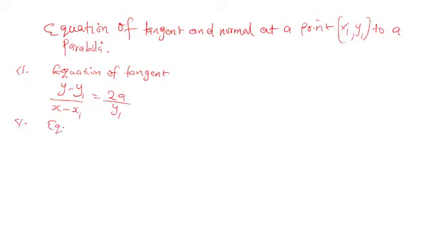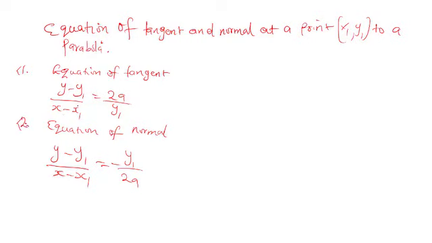While the equation of normal can be stated almost the same way: y minus y1 over x minus x1 equals, but in this case your y1 goes up, bringing your 2a down, so you now have y1 over 2a. But because of the transfer, you attach the minus sign to it. So this is the equation of tangent, and this other one is the equation of normal to a given parabola.